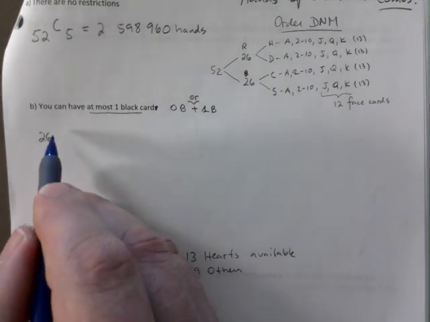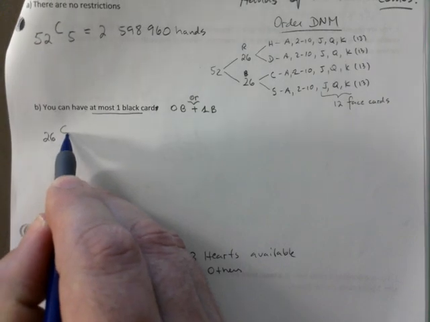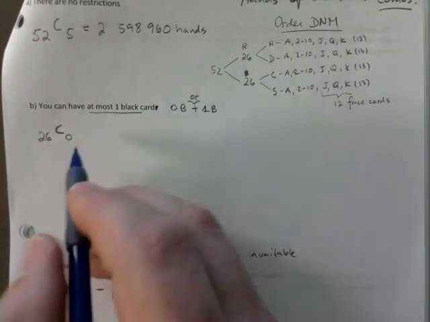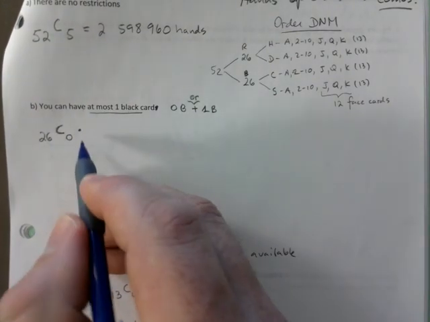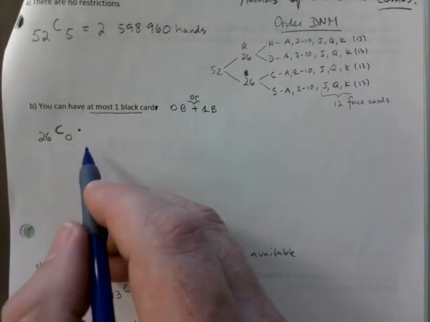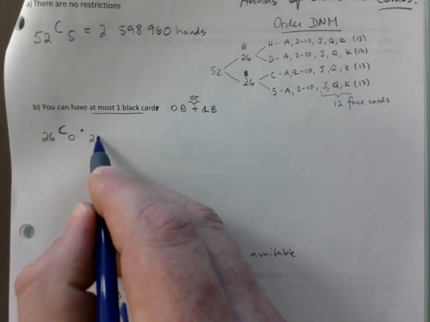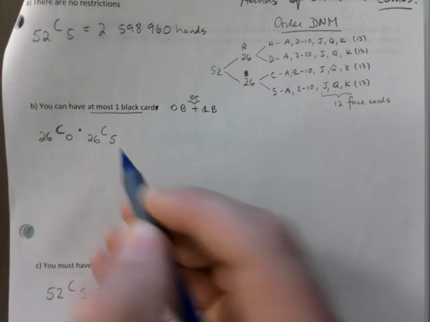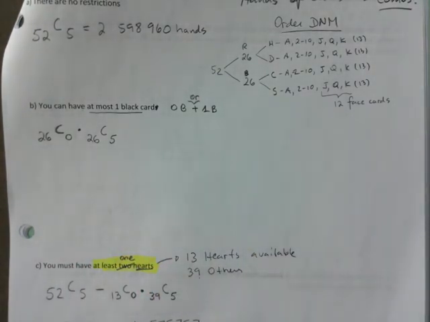So we've got 26 black cards, and we choose 0. And what is left? If you have 26 black cards, then we have 26 reds, and we're going to choose all 5 of them from the red stack.